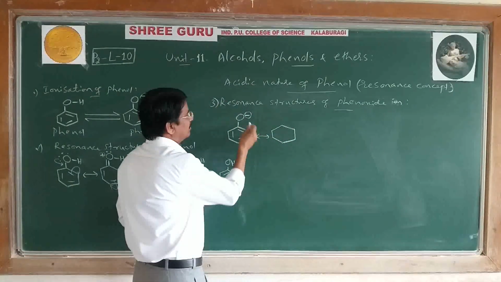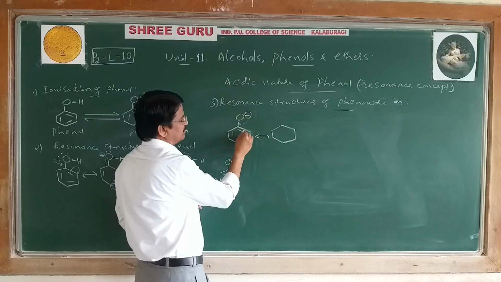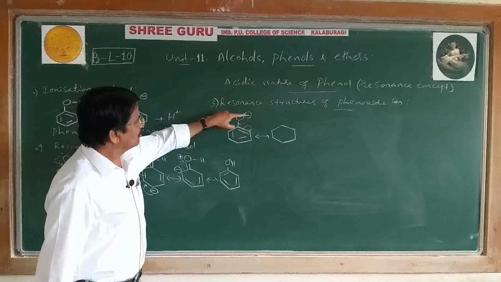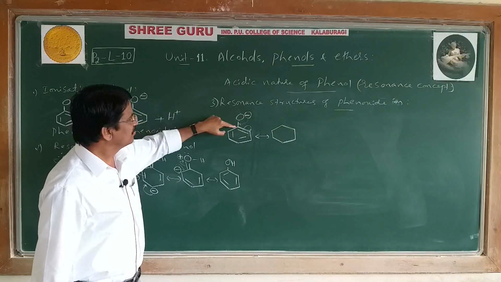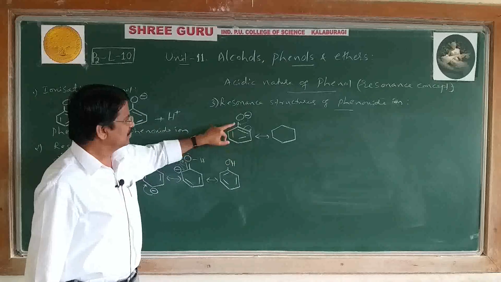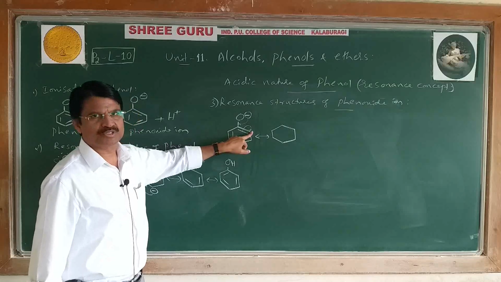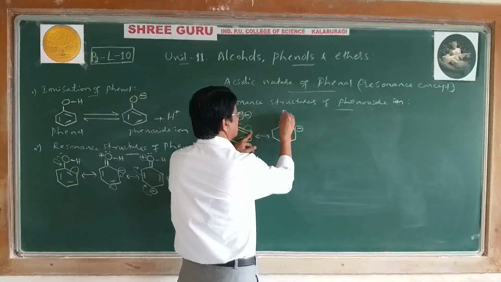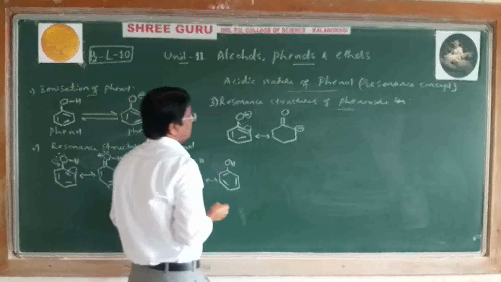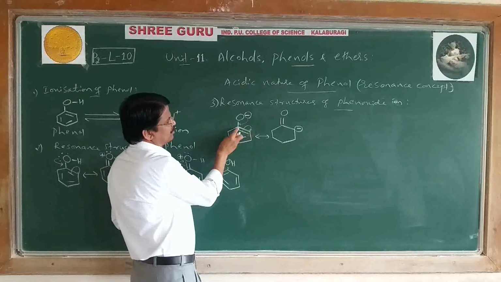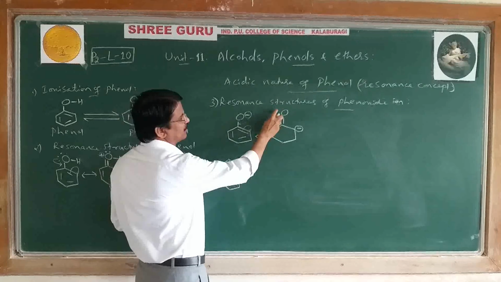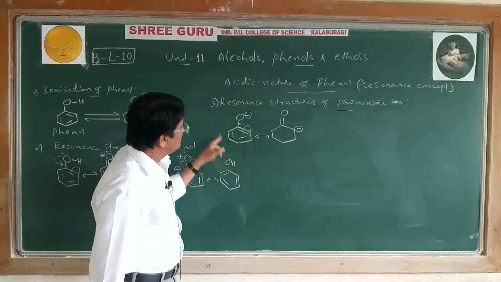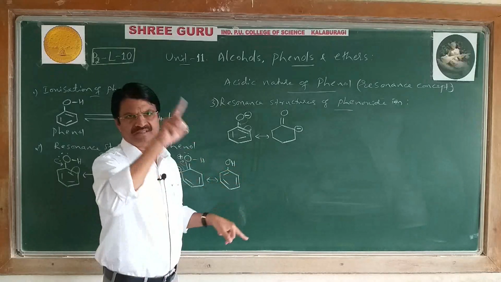See here, the negative charge moves towards the benzene ring and undergoes resonance, and here a double bond forms and this one shifts to the ortho position. Now it is a negative O, because when the pi bond shifts here, you don't get a plus here; only the negative charge disperses over the ring by resonance.